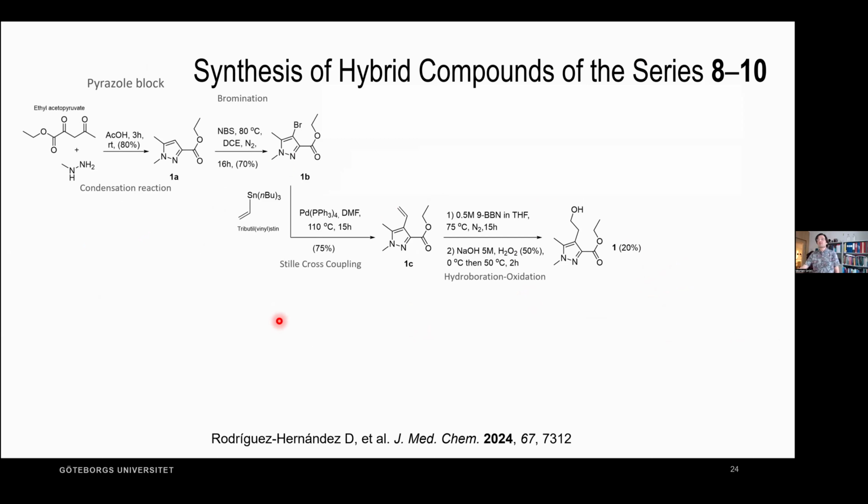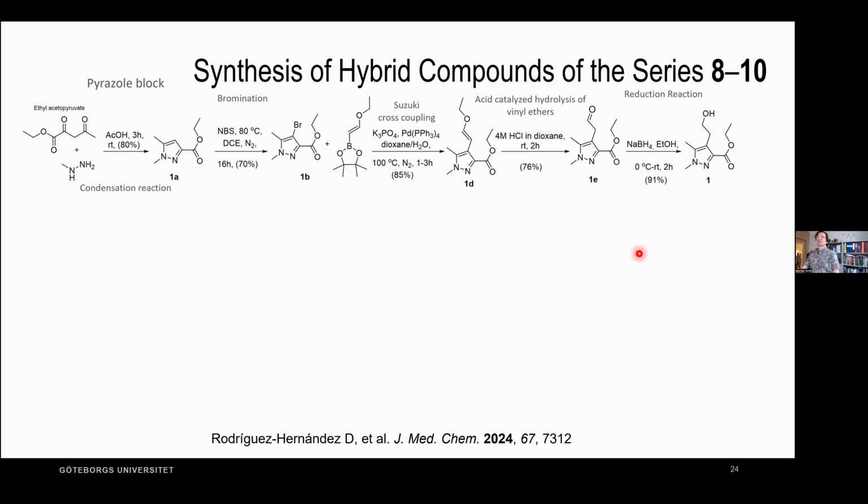And then again, if we look at how we actually did it, the condensation reaction to make the heterocyclic scaffolds works pretty decently. NBS to introduce the halogen, a Stille coupling to actually introduce the vinyl group. And then we had this idea that we could do a two-step procedure to get the alcohol. And you see that, yeah, it worked, but only 20% yield. It was tricky to get the reaction running properly.